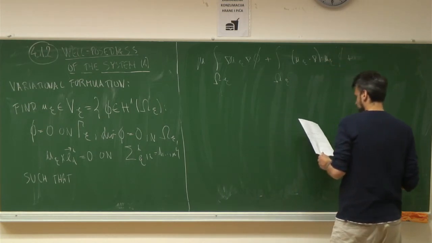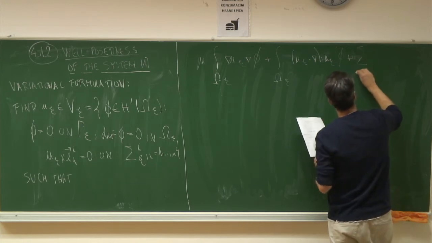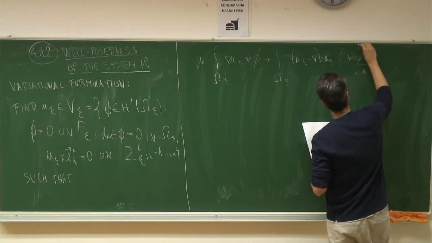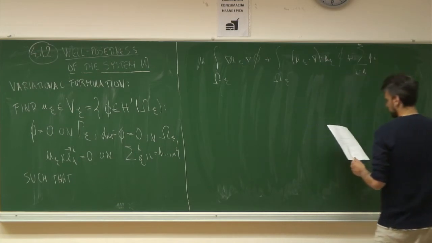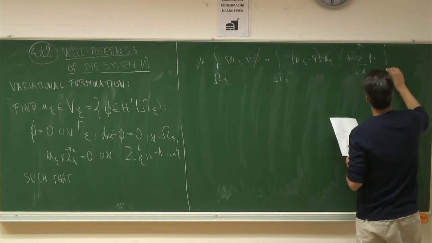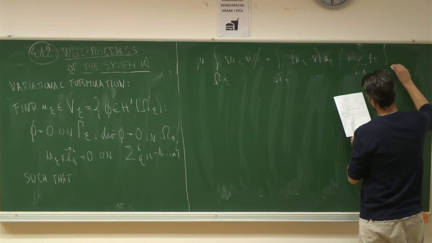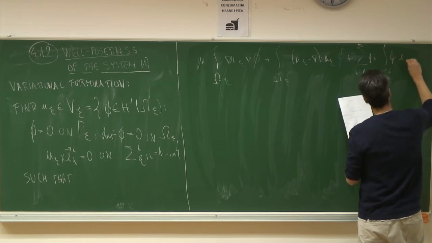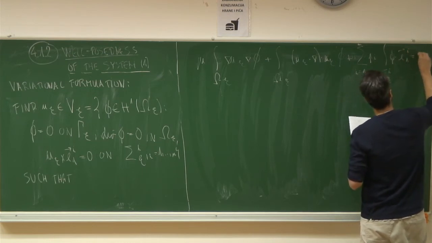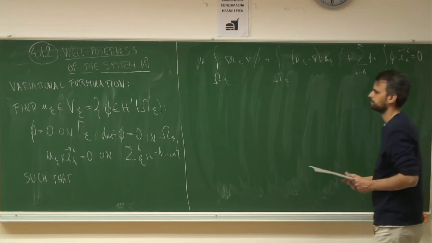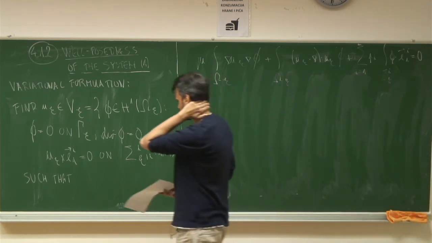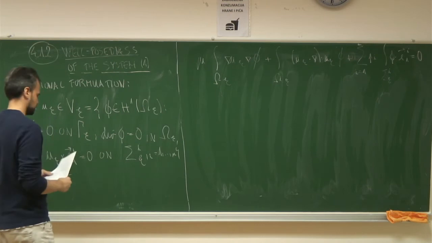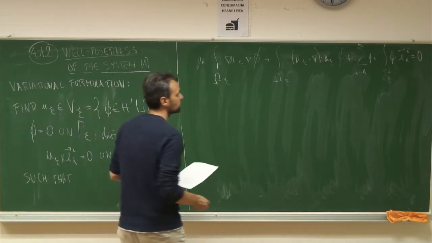So here you just need to be careful because you have m pipes. So here you have the sum of pi and the integral over the exterior ends. Okay. So we have this variational formulation.